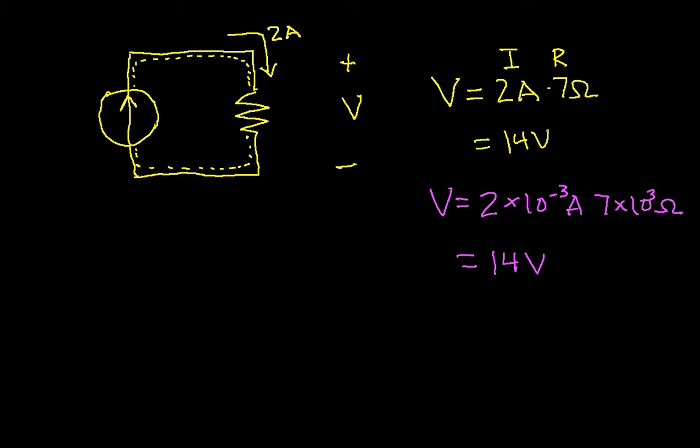In fact, I'll be sure to pick values where we don't have 14 volts. So let's suppose now that the current is 2 microamps, which, if you remember your prefixes, is 2 times 10 to the minus 6th amps.